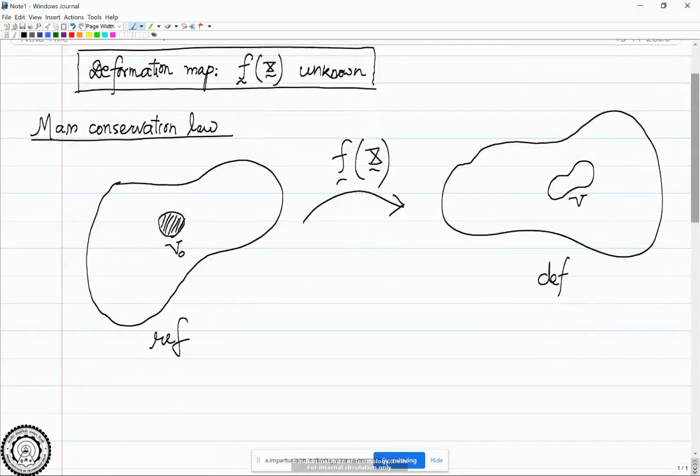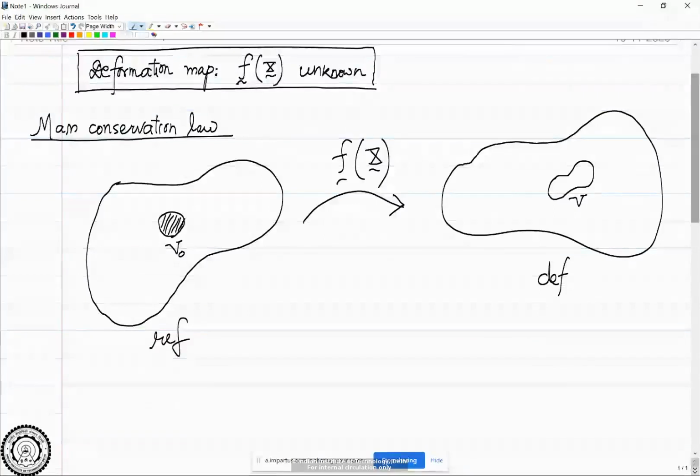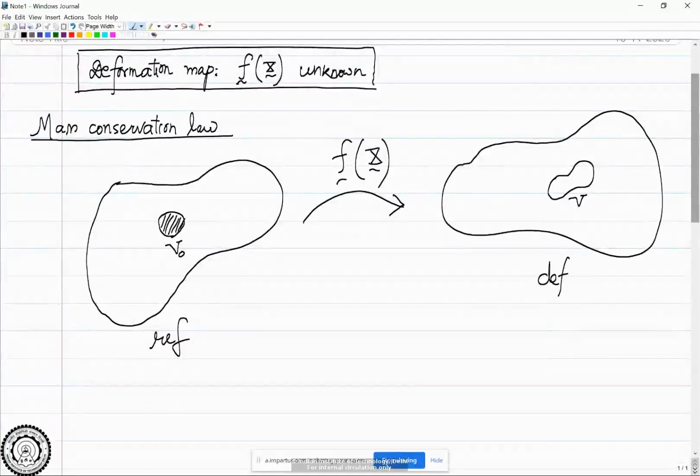What will mass conservation tell us? Just think of it from a physics perspective. The volumes V naught and V contain the same set of particles. You see, we are always tracking those particles. So neither is a particle going out of this volume nor going inside the volume.